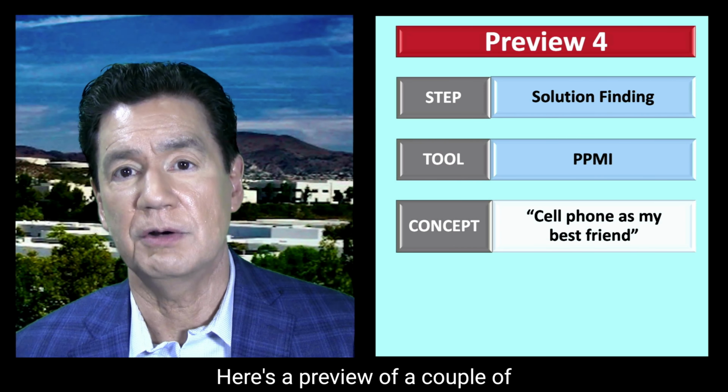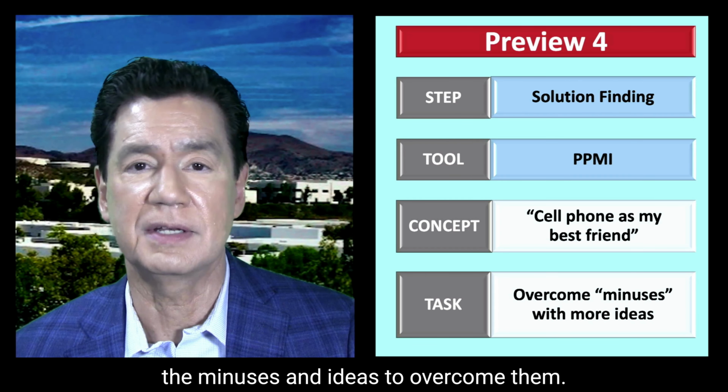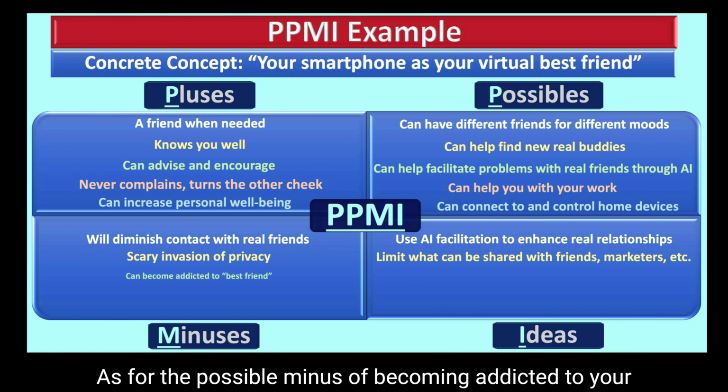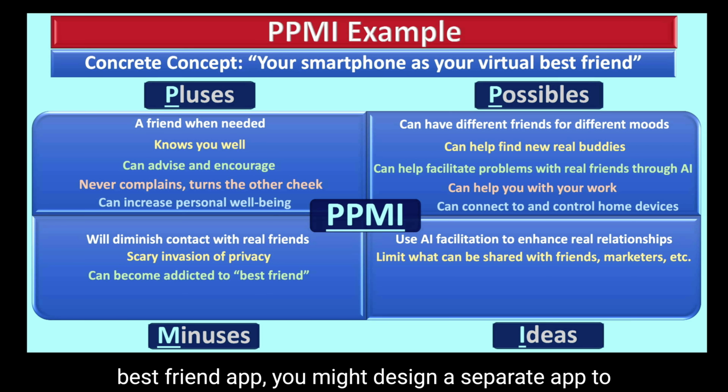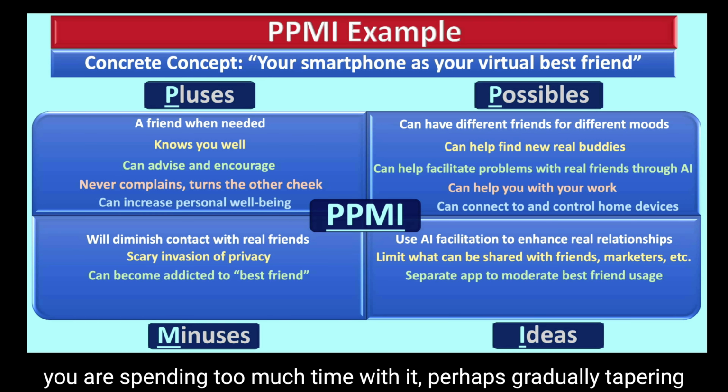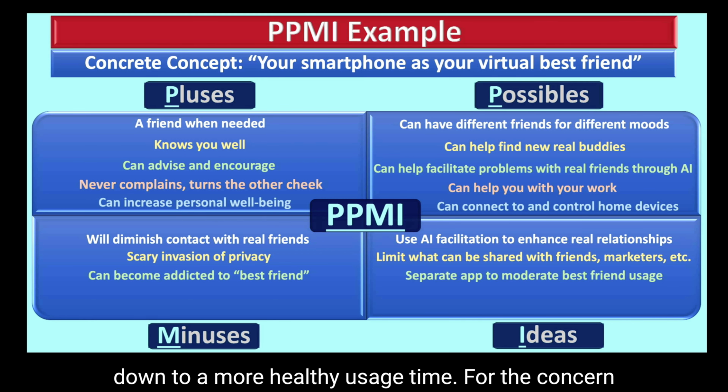Here's a preview of a couple of the minuses and ideas to overcome them. As for the possible minus of becoming addicted to your best friend app, you might design a separate app to monitor usage and restrict access when it sees that you are spending too much time with it, perhaps gradually tapering down to a more healthy usage time.